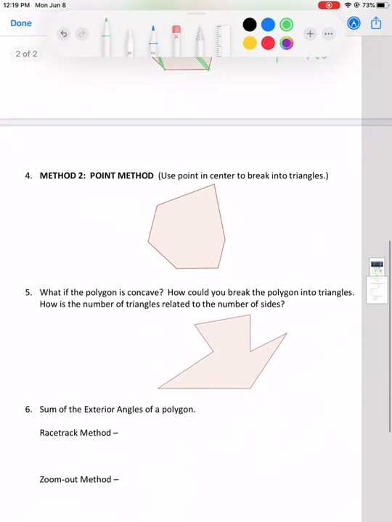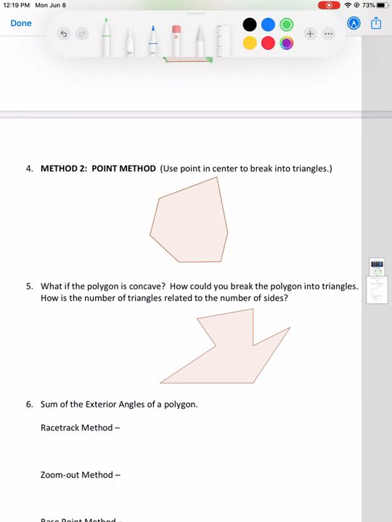Now, we can also use a point method to find the sum of the interior angles. So put a point in the center and then break it into triangles, which I'm connecting to the vertex of each one. Now, in this figure, we have 1, 2, 3, 4, 5, 6. We have 6 sides, so it's a hexagon.